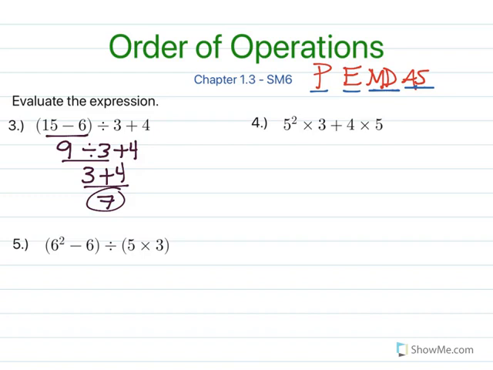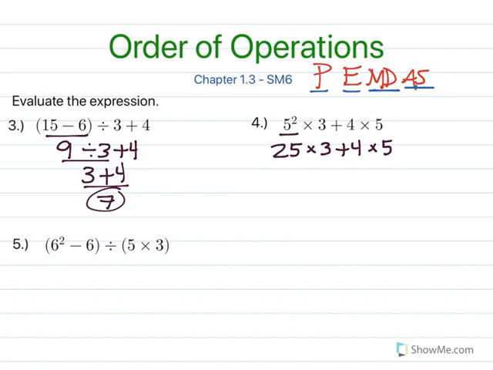For number 4, I first look to see, do we have any parentheses? We do not have any parentheses. Do we have any exponents? We do. So I'm going to do 5 to the second power, which is 25. I bring everything else down. Now, do I have any multiplying or any division? I do.